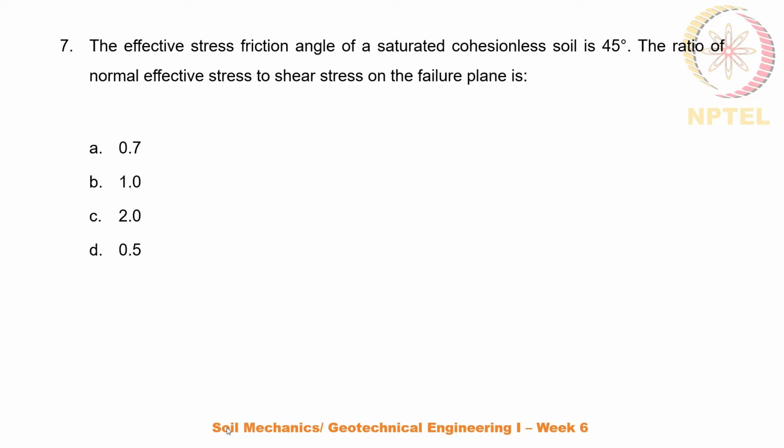We are asked to determine the ratio of normal effective stress to shear stress on the failure plane. Option A 0.7, option B 1, option C 2, option D 0.5. So the correct option is option B.